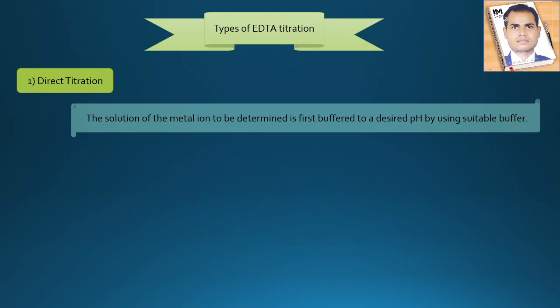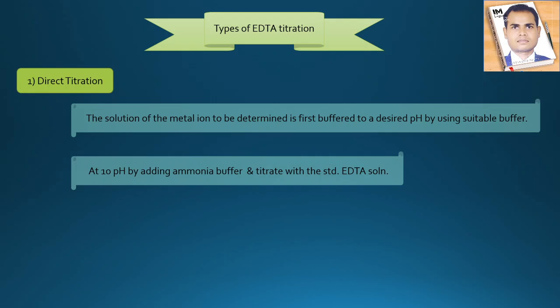We can use a buffer solution to control the pH, the suitable pH to determine the ions. In this direct titration, we can add the ammonia buffer to control the pH at 10 and titrate with the standard EDTA solution.